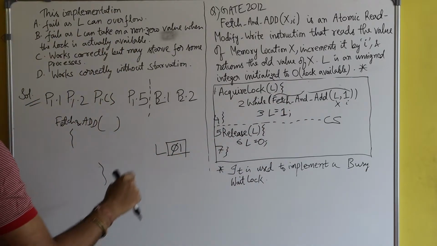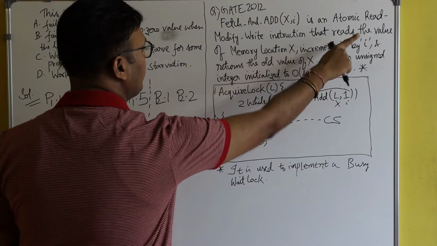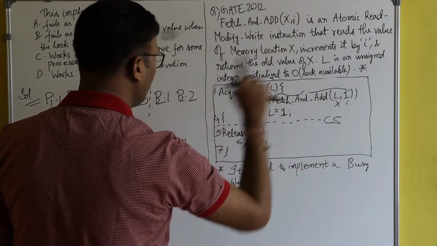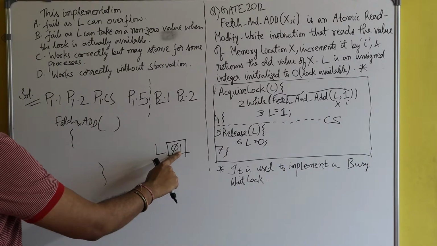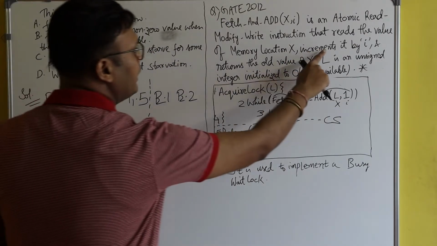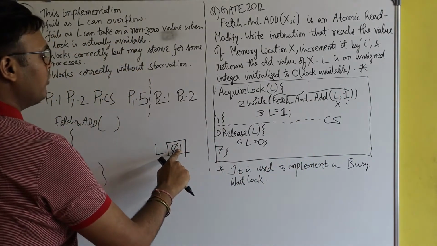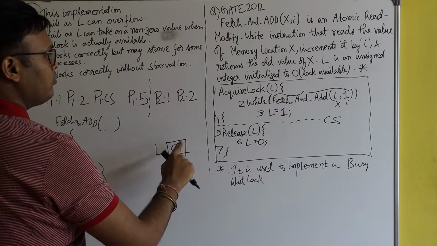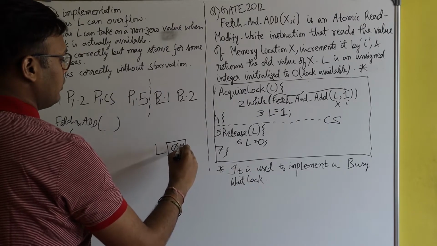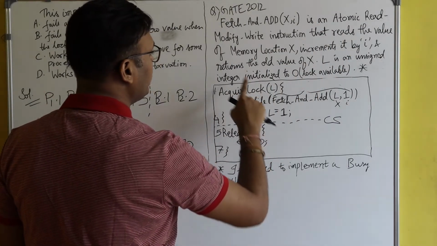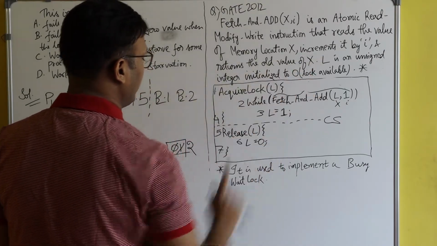It will read the value of the memory location L. So what is the value of L? L value is 1. Increment it by I means what? 1 will be incremented by 1, it means it will become 2.